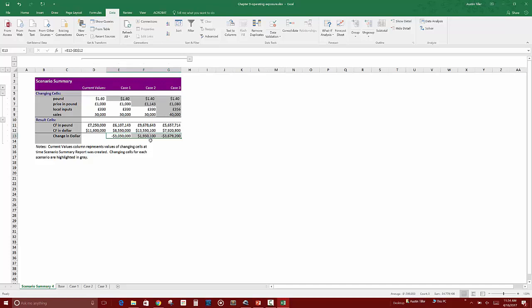So for case 2, yeah. Professor Luke, if you get something goofed up and it seems like it carries it over in the summary, how can you get it where it just shows you a scenario summary with all cases in the base that's correct? Because every time you do one, it comes up as a new tab, and as you add more cells to the changing cells, it adds that.